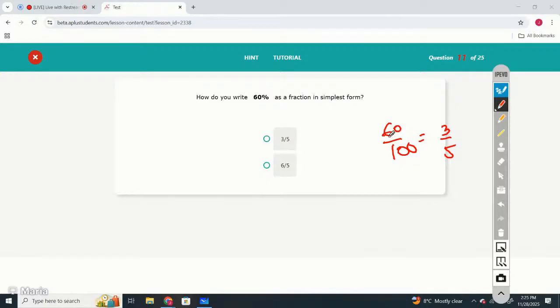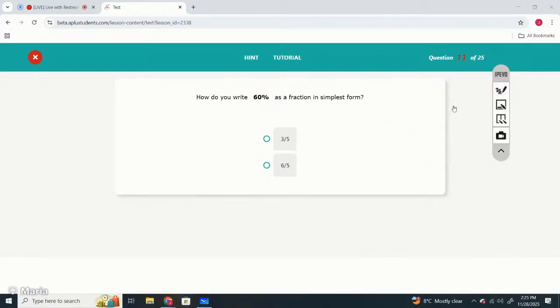The correct option is 3 by 5. Option number 1 is the correct option.